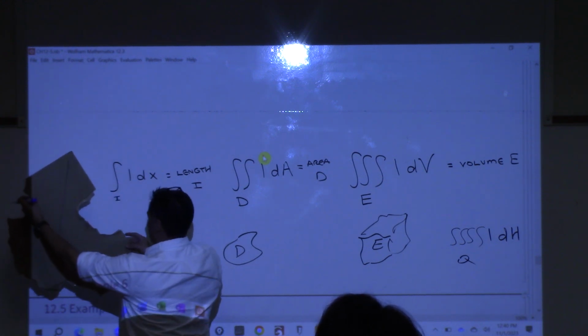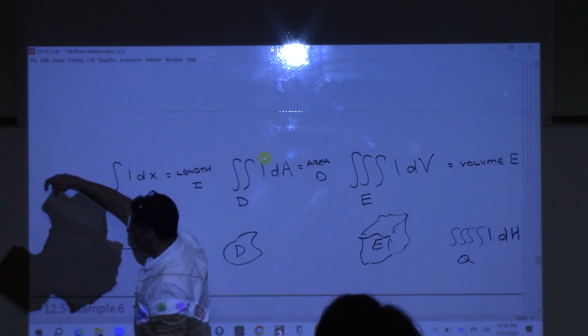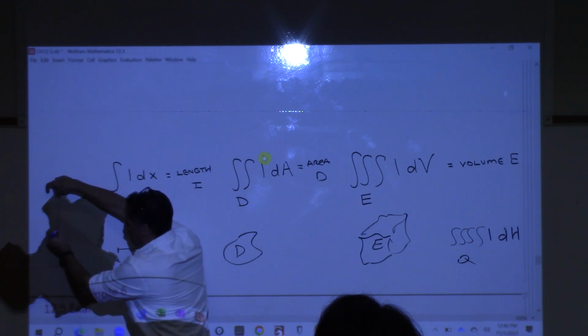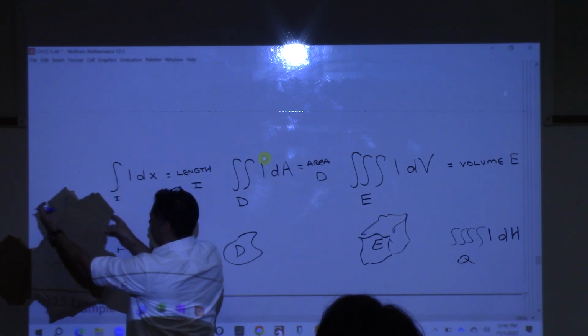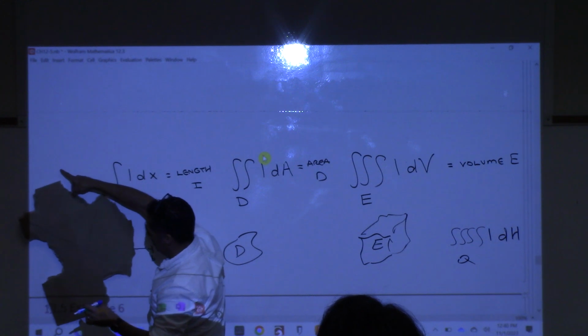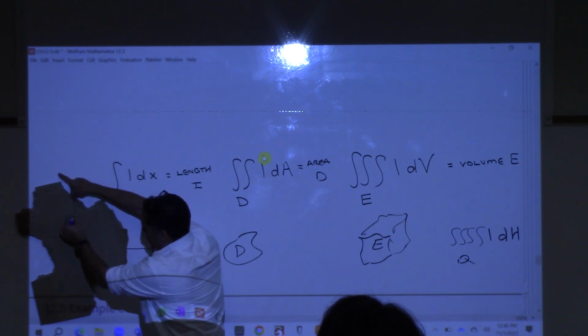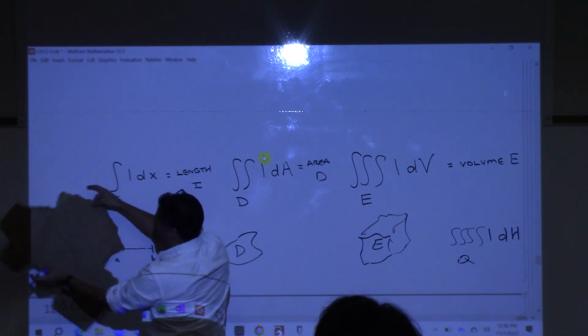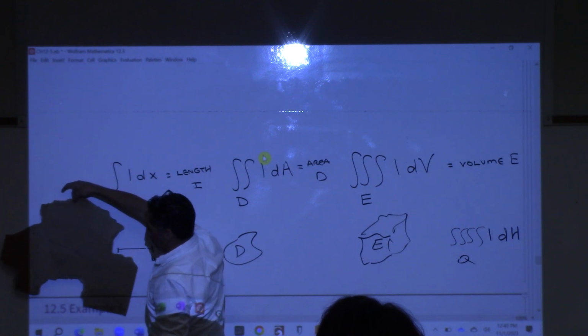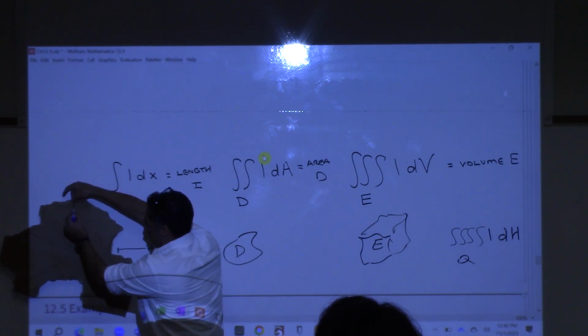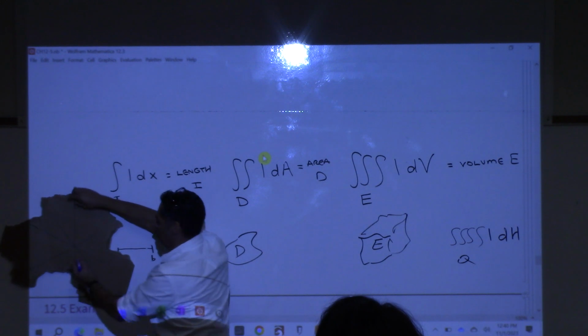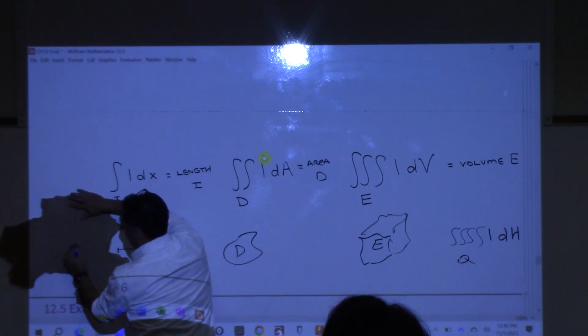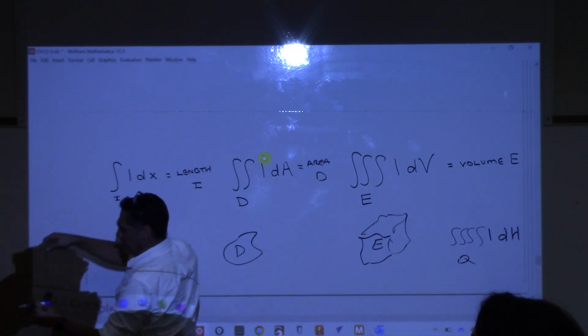Okay, pick another point. Do the same thing. Draw a straight line down. And I'll do one more for good measure. Let me do one more. That looks pretty good. So that's the center of mass.